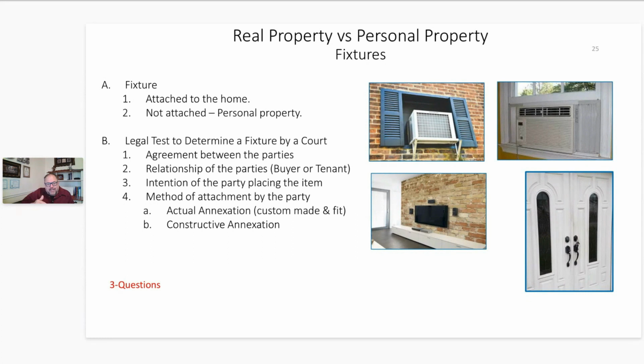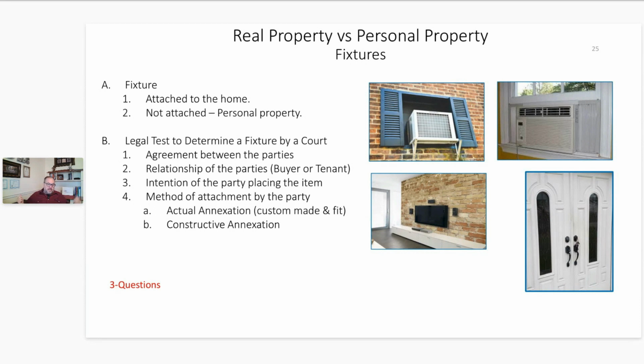What they mean by actual annexation is it's actually going to be a fixture because it belongs to the speakers that are permanently mounted. It comes as a unit. Okay. Same thing with the TV. Same thing with the brackets. The TV, I pull the pin, I can slide it off, unplug it, undo the cable.